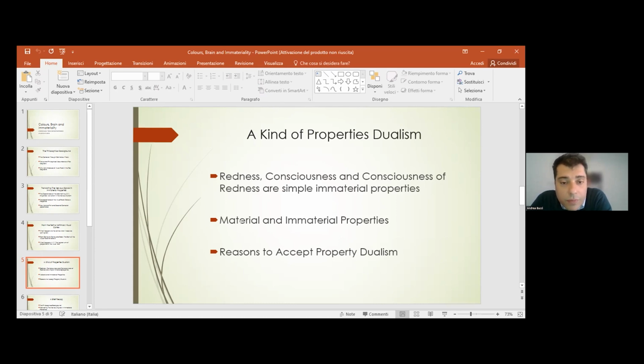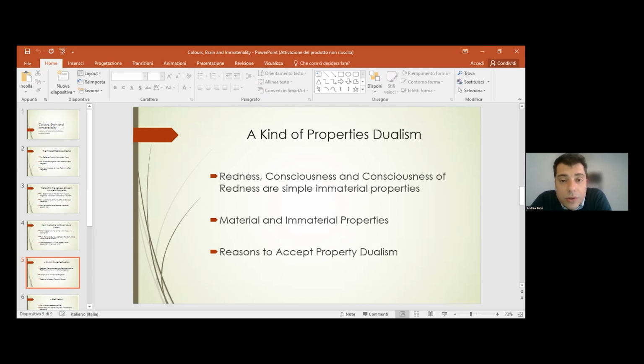The philosophical thought behind this way of seeing what happens in brain elaboration for color vision is the distinction of material and immaterial properties not as something separate, but as something that can be linked together from the beginning, simply as a fact.